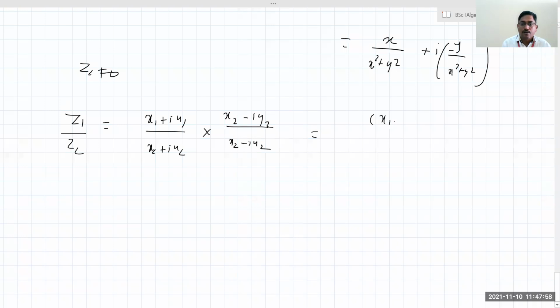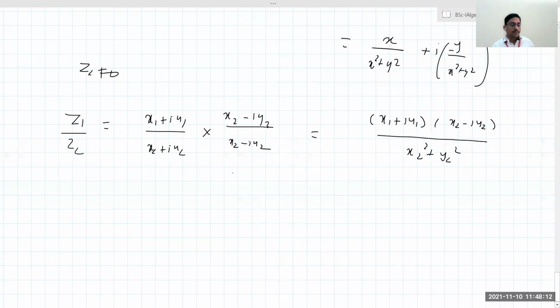Then find the product of the numerator. The denominator is the modulus squared of the denominator complex number, x2 squared plus y2 squared. So what is the product of the numerator? Just calculate it. It is x1x2 plus y1y2 divided by x2 squared plus y2 squared.